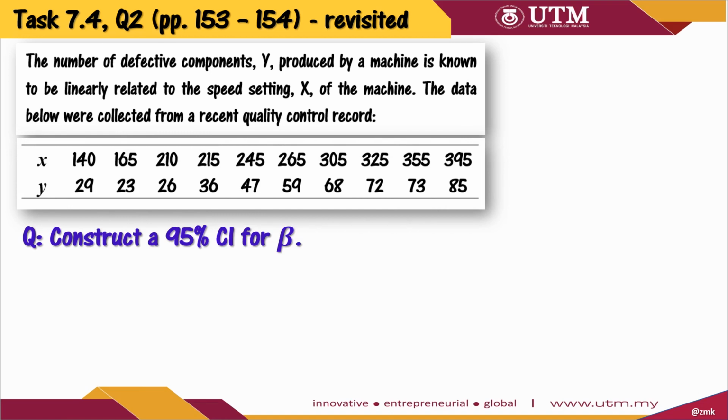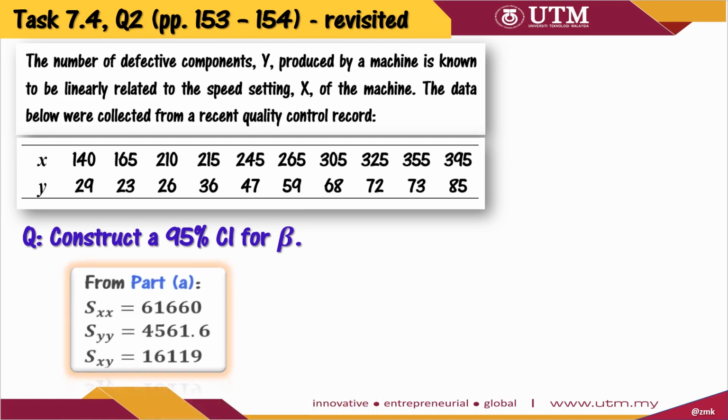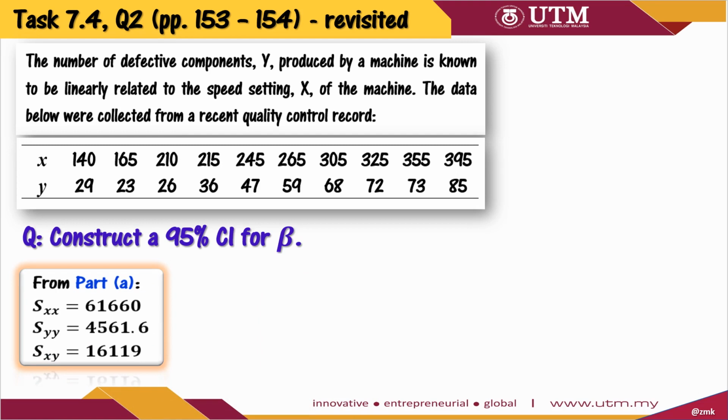Remember from part A of the test question that we have discussed in the part 1 video on this chapter, we already obtained the sums of squares and the sum of product given as follows. Therefore, you can use these values to calculate the variance of beta hat first by substituting these values in the beta hat variance formula with a sample size n equal to 10.